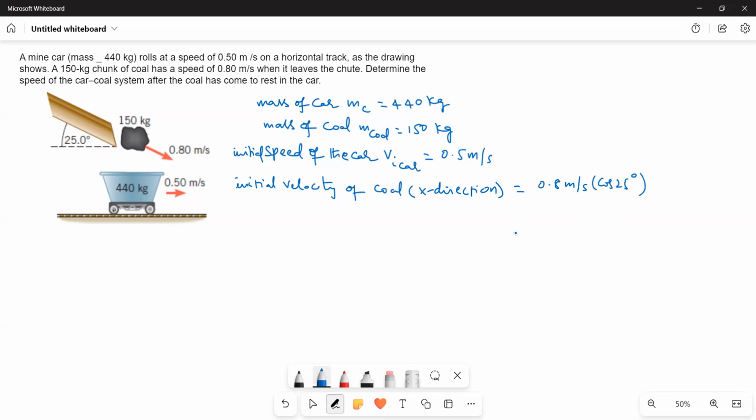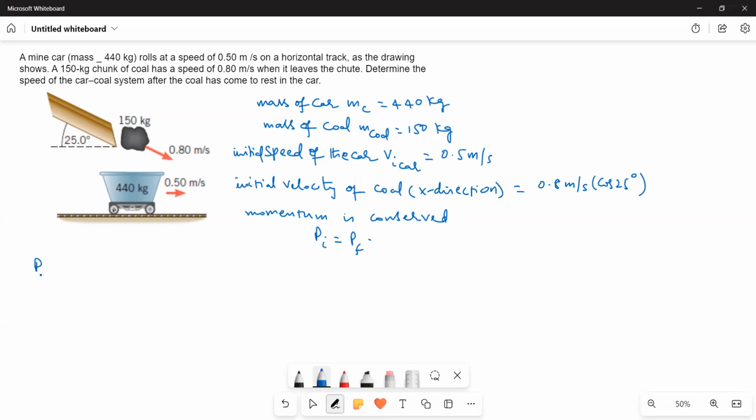Okay, now what we have to do, this is a case of collision. Here the momentum is conserved. Therefore, P_i is equal to P_f. Let us write the momentum.